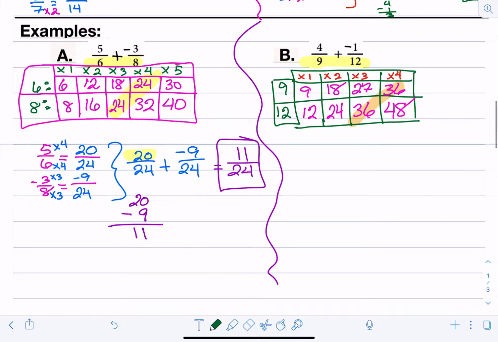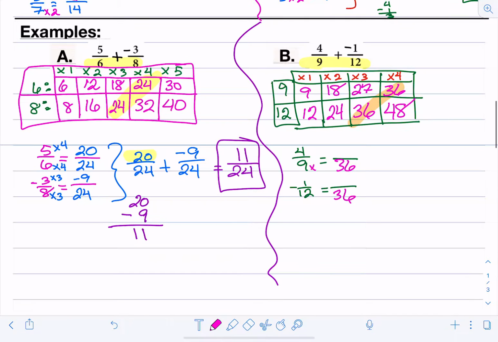So we have 4 over 9 and we have -1 over 12. And we want them so that there is a 36 on the bottom. So what times 9 gave us 36? 9 times 4 did. And whatever you do to the bottom, you have to do to the top. So 4 times 4 is 16.